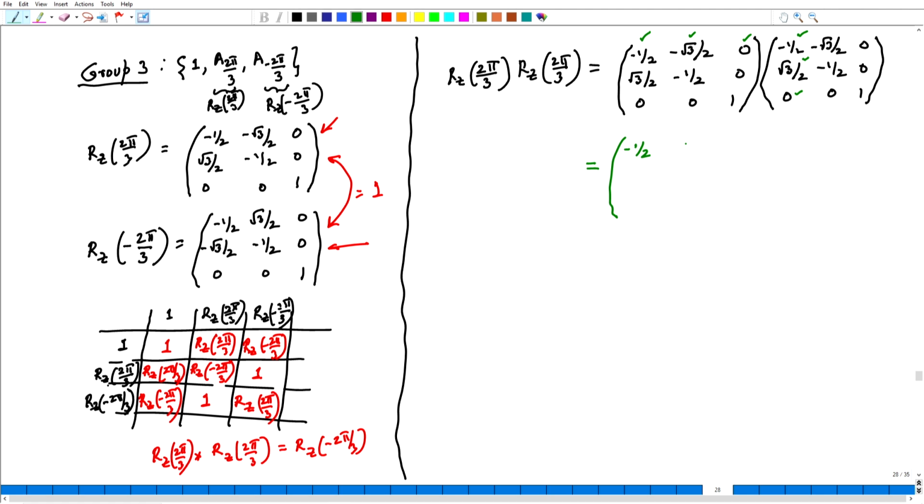Now, come to again the first row and now the second column of the second matrix. Same thing, minus half into minus root 3 upon 2, that is plus 3 upon 4, minus root 3 upon 2, and then I multiply. So, minus half into minus root 3 upon 2, that is root 3 upon 4, and I will be left with plus root 3 upon 2.